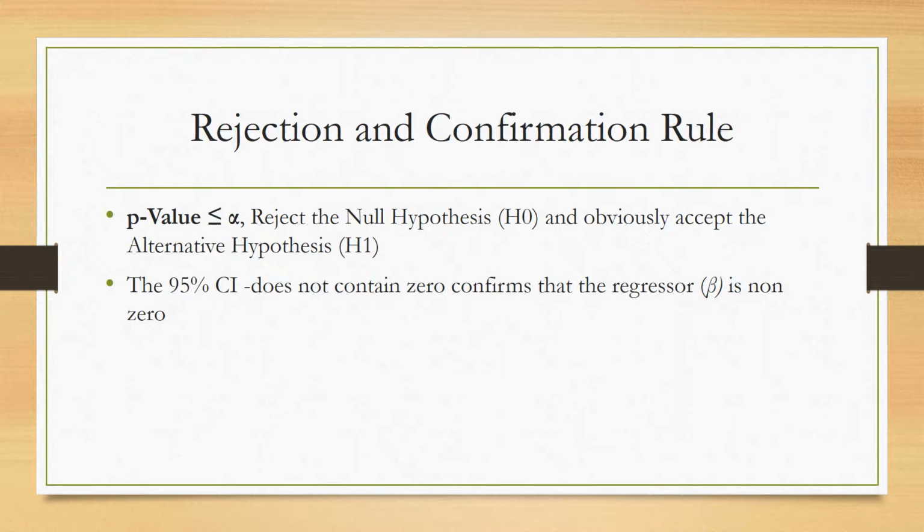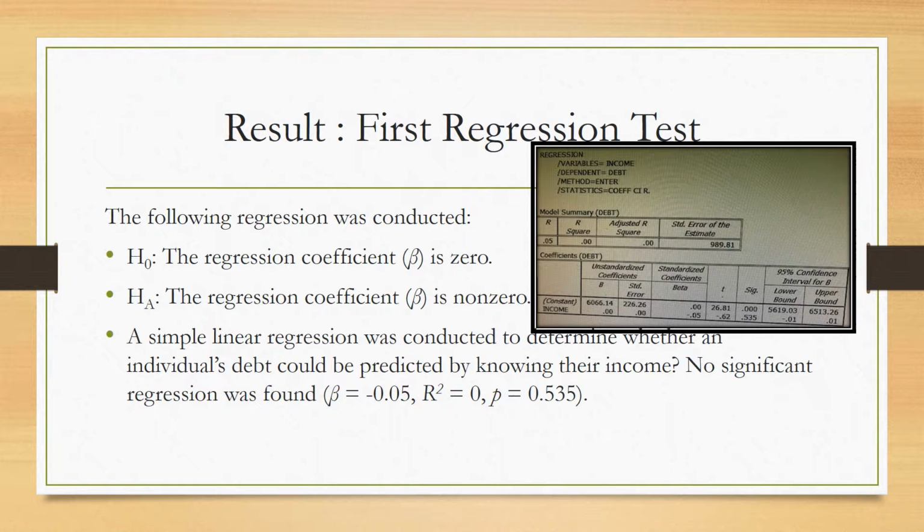In regression analysis hypothesis testing, we'll also be talking about the confirmation rule. For the confirmation rule, in the 95% confidence interval, there shouldn't be 0. If there is not 0, that confirms that regression beta is non-zero. That means that double confirms the test is statistically significant.